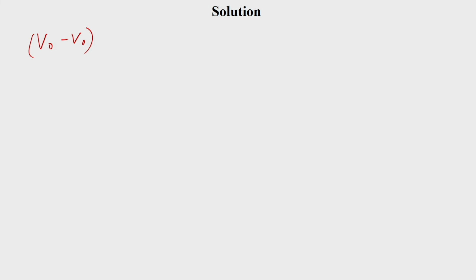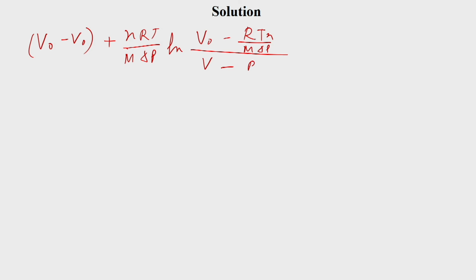Now, from here, by putting the boundary conditions, we will be getting V 0 minus V plus N R T by M into delta P into ln of V 0 minus R T N by M into delta P divided by V minus R T N by M into delta P, and that is equal to L P, then delta P into A into T. Okay.